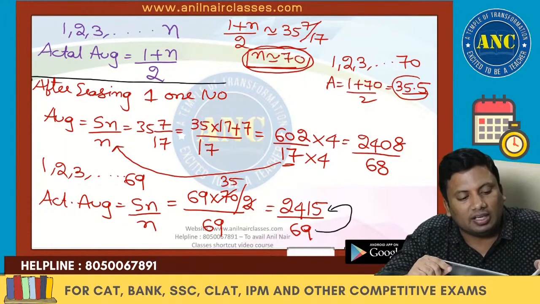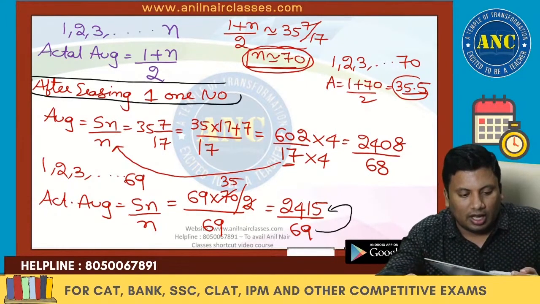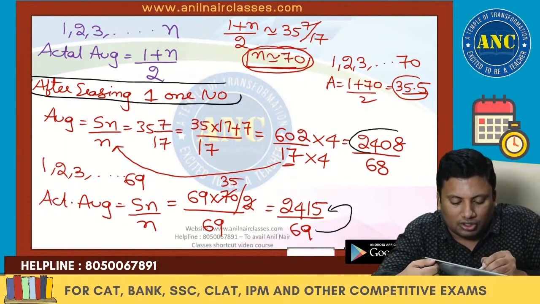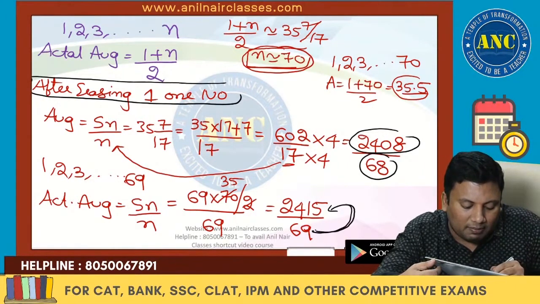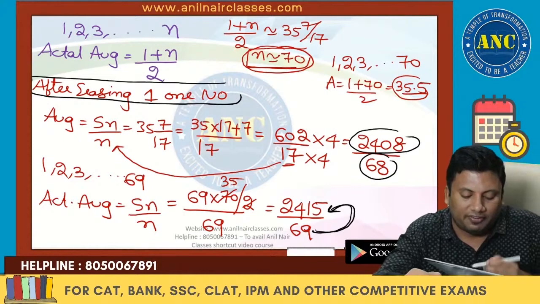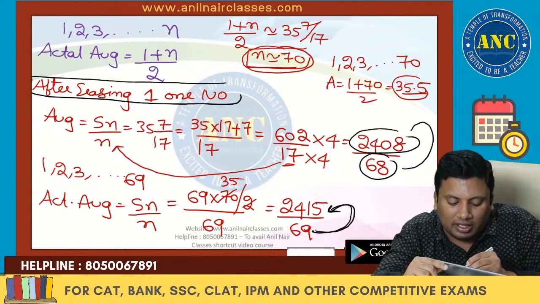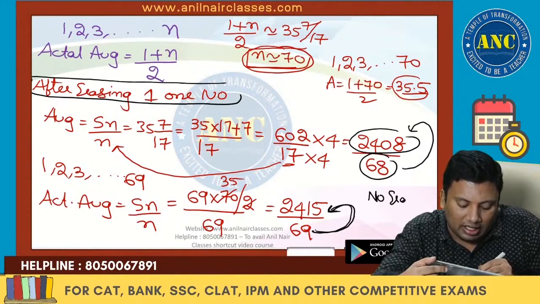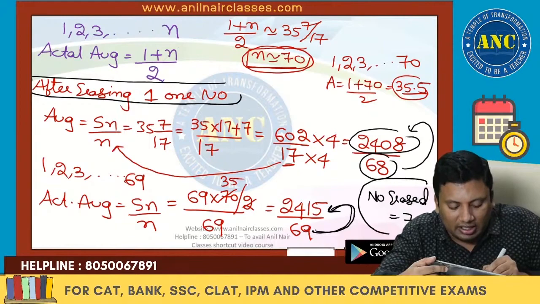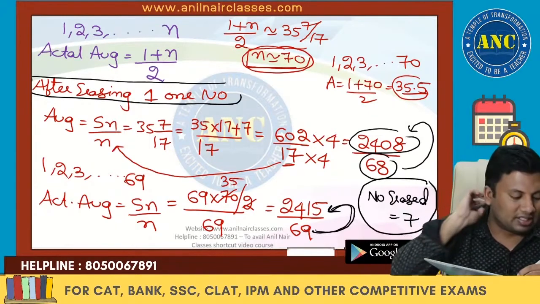After erasing one number, the average is 2408/68 with 68 numbers. The sum of 69 numbers is 2415 and the sum of 68 numbers is 2408. What is the number erased? The number erased is 7. That is the reason the sum decreased by 7.